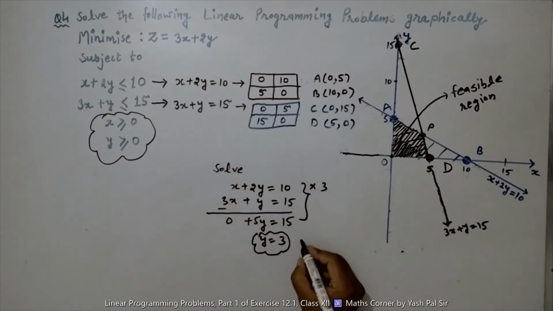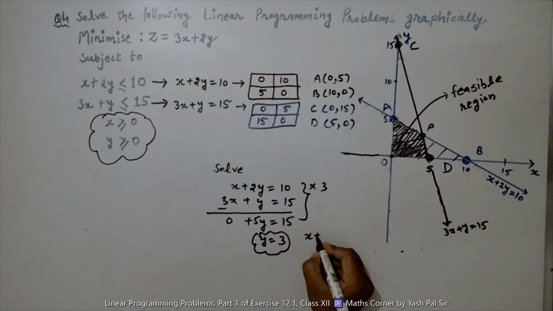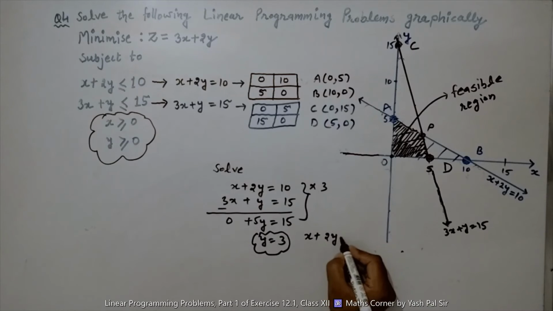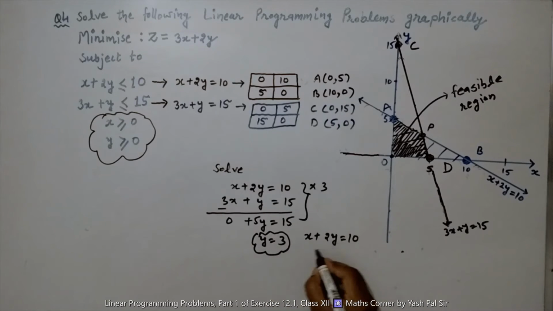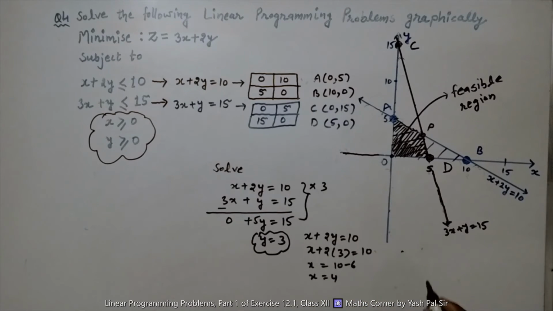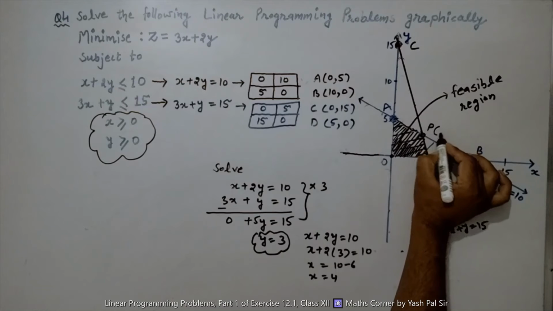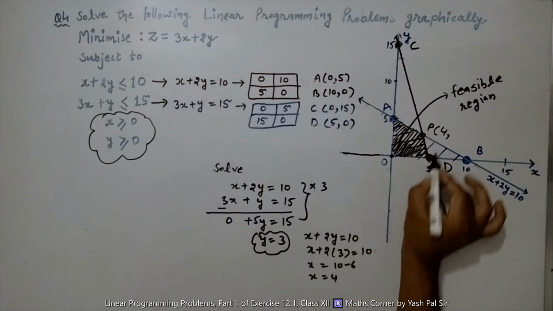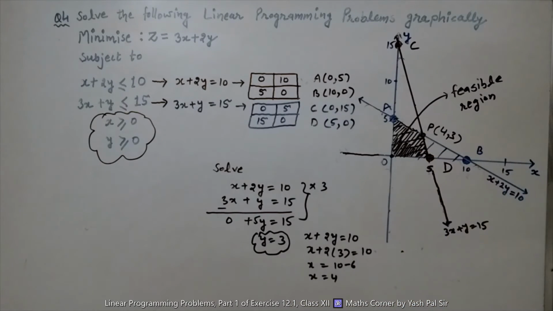Put this value of y in any one equation. First equation is x plus 2y is equal to 10. We put y is equal to 3. So we have x plus 2 into 3 is equal to 10. So x is equal to 10 minus 6, that is, x is equal to 4. So x is 4 and y is 3.